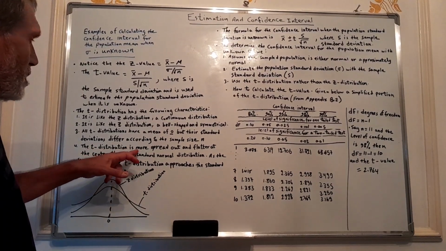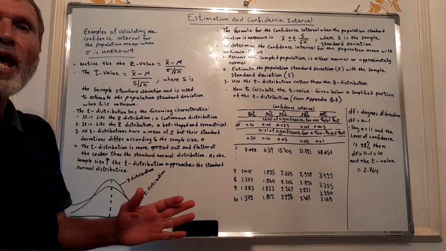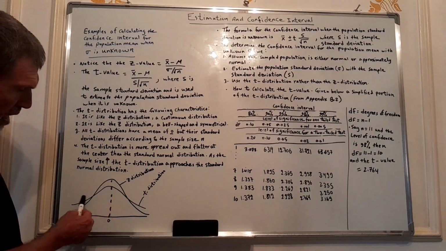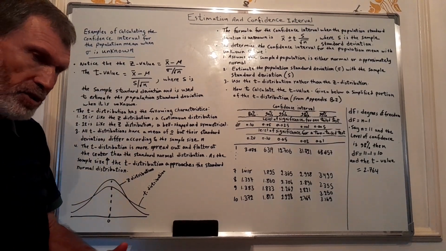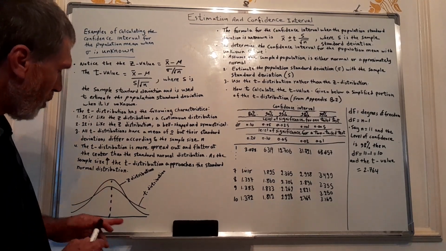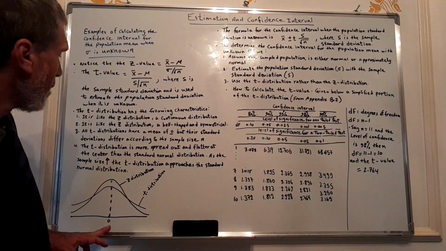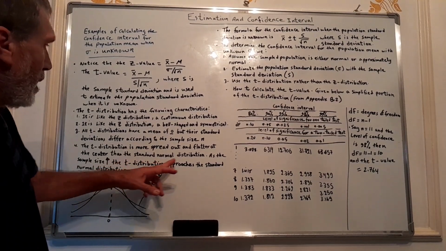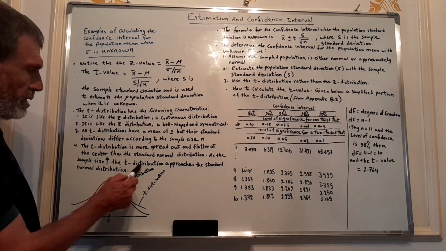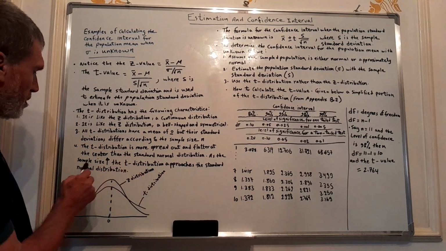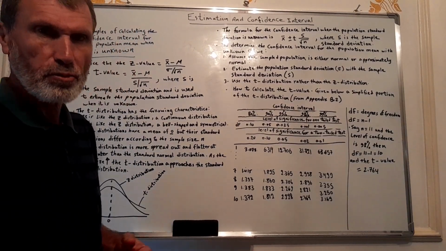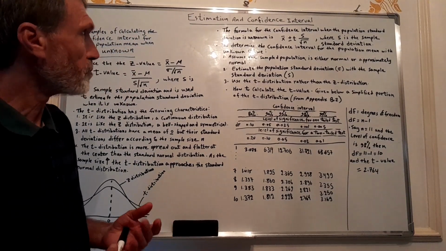The t distribution is more spread out and flatter, that is, the standard deviation is bigger than the standard normal. However, they have the same mean. As the sample size increases, the t distribution approaches the standard normal distribution. So always we're going to assume that we have a standard normal distribution when we're talking about the t distribution.